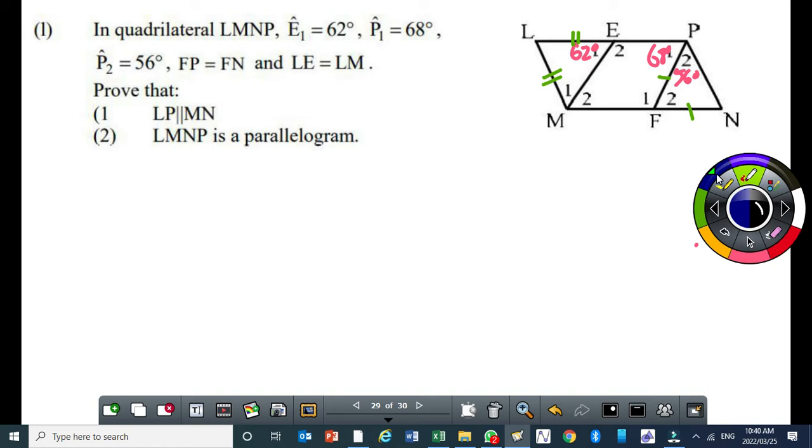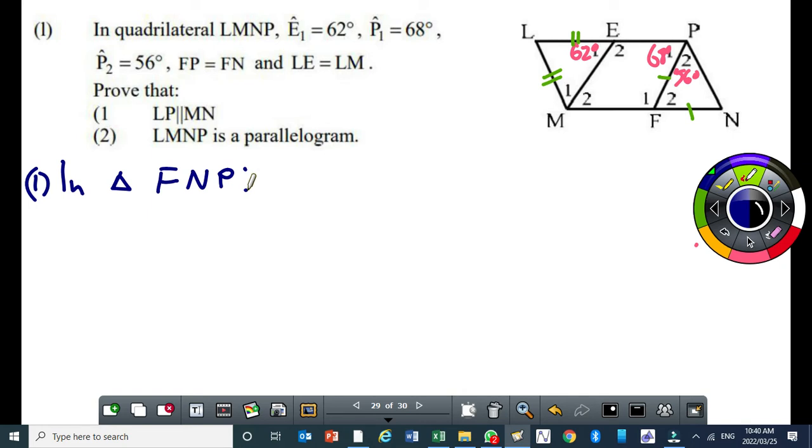So first thing, I'm going to say in triangle FNP, we know that FN is equal to FP, therefore, angle N is going to be equal to angle P2. Angle N is going to be equal to what? Angle P2. That will be angles opposite equal sides.